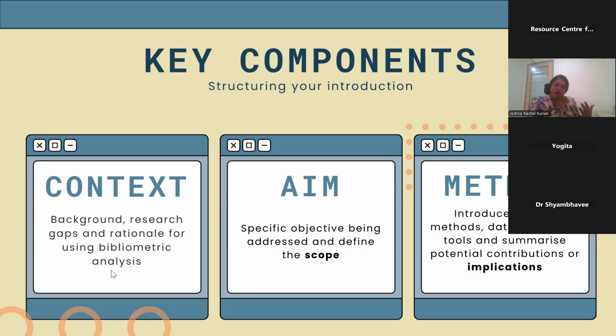Now, why don't you all take a few minutes to think about your own topics, the research questions and objective you have given, and give me one sentence for each of these three components. Can I have 4 people volunteering to do the context, aim, and method?